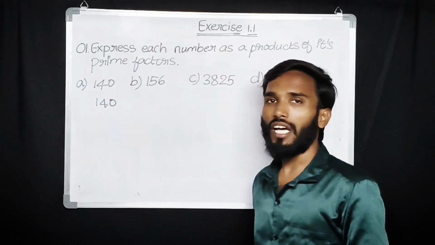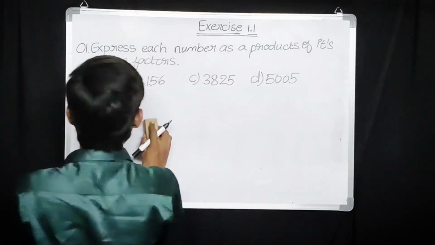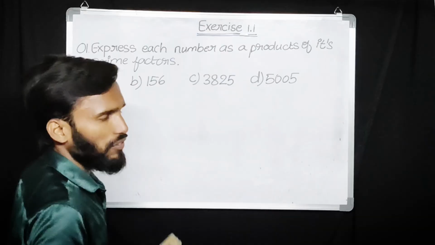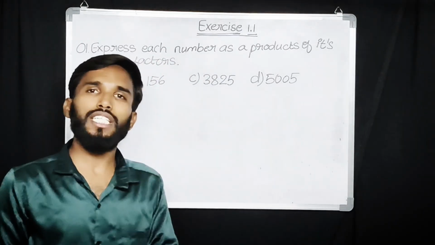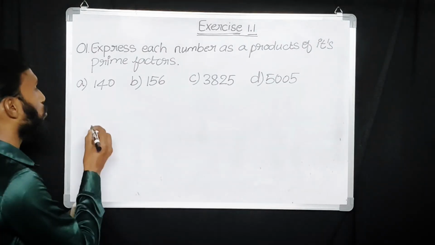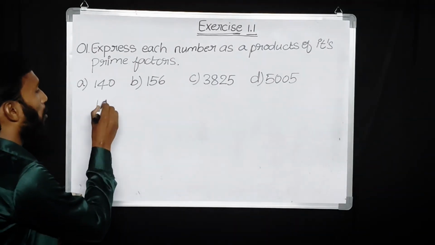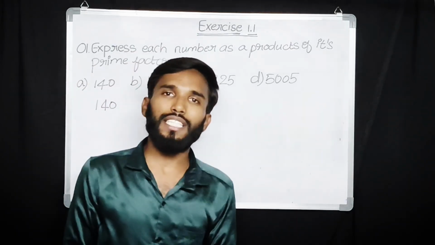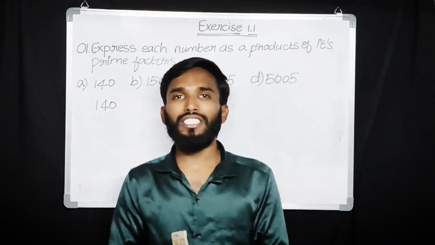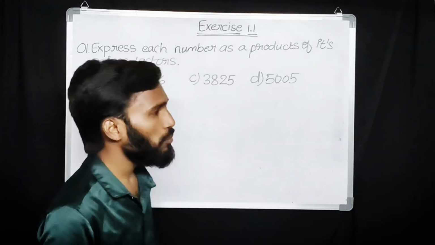Here the number given is 140. Whenever you are doing a division, prime factors, LCM or HCF, just go with the divisibility rules to make our problems easy. The divisibility rule of 2 is that if the last digit is even, then the number is divisible by 2.